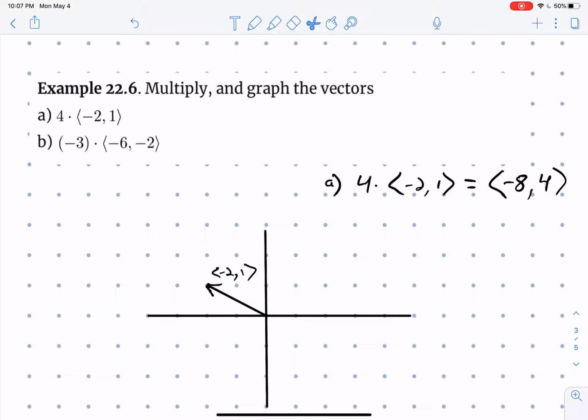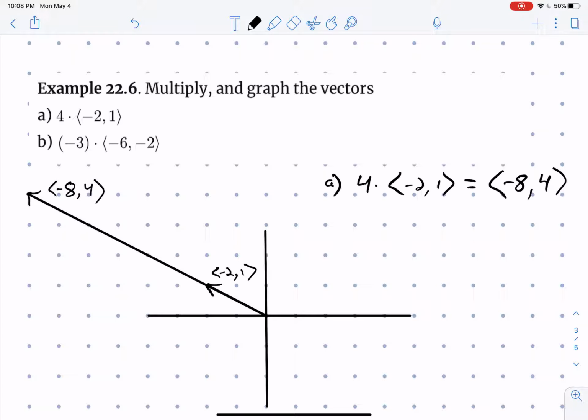And if we start at the origin and we go to negative 8, 1, 2, 3, 4, 5, 6, 7, 8, and then up 1, 2, 3, 4, it's going to get us to here. So let's go ahead and draw that guy. There, this is negative 8, 4.